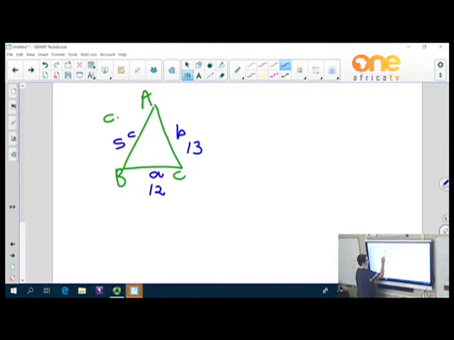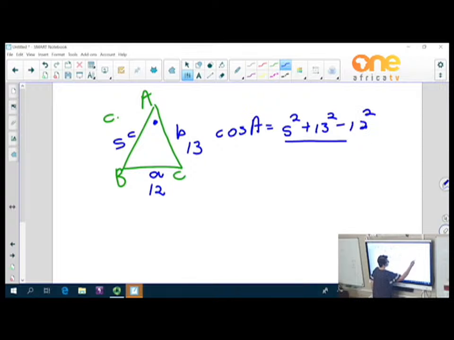Find angle A. This is the angle that we want to calculate. So cosine A is equal to, this is the one that I should subtract, opposite the angle. So it is 5 squared plus 13 squared minus 12 squared over 2 times 5 times 13.